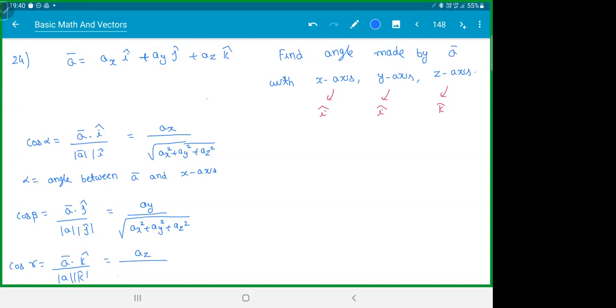This will be az by root over ax square plus ay square plus az square. These are called the cosines of a vector. So these angles alpha, beta, gamma are called direction cosines.